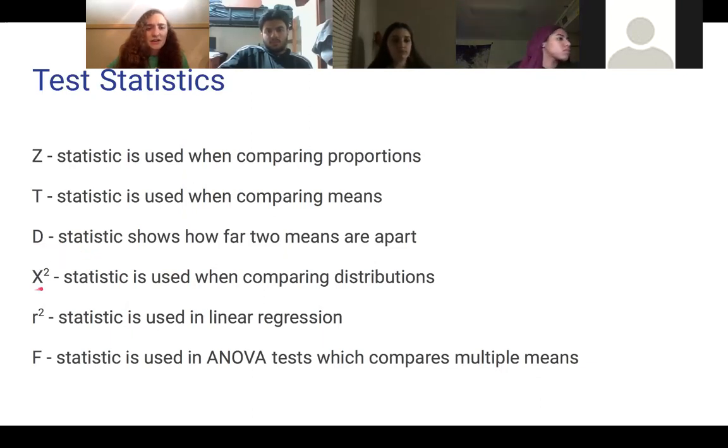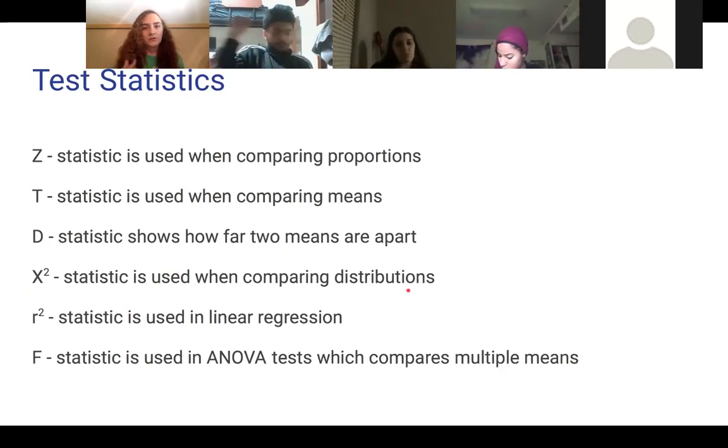A chi-square statistic is used when comparing distributions, specifically categorical distributions, like colors, ethnicity, race, male, female. It would be used in situations with multiple factors that are not really quantitative, they're more qualitative.